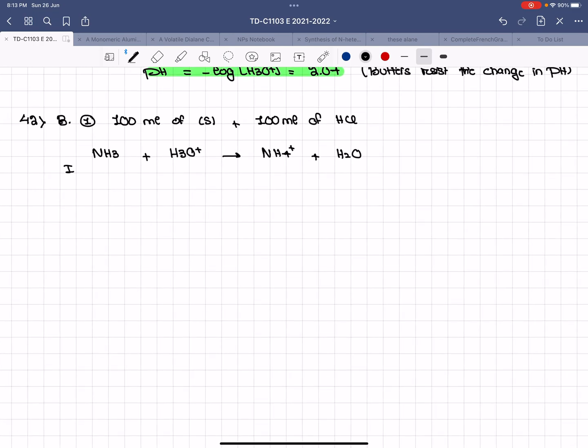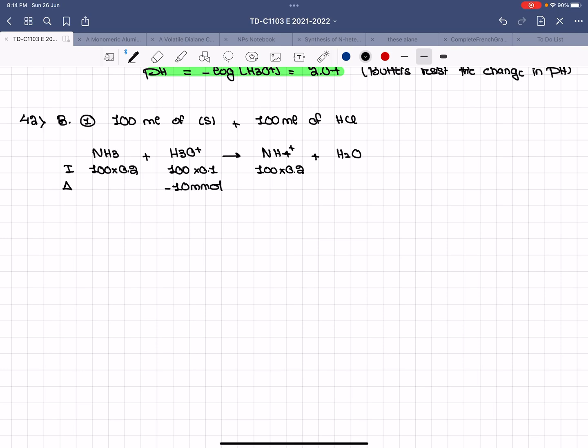Initially, the amount of NH3 is basically 100 times its concentration 0.2. This is in millimole. The H3O plus is 100 times 0.1. The NH4 plus is 100 times 0.2. Again, the change. We don't have to do the change all the time, but it's okay. The NH3 is 20 millimole and the H3O plus is 10 millimole.